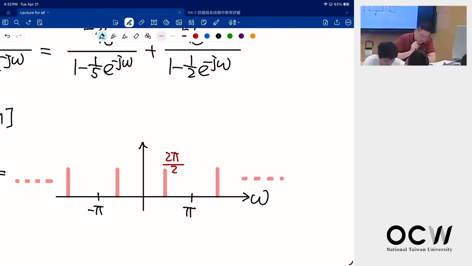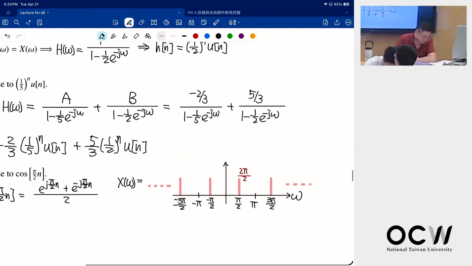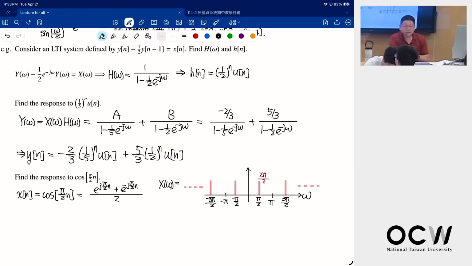Okay, this is the signal in frequency domain.